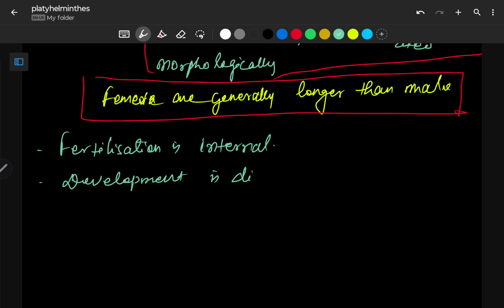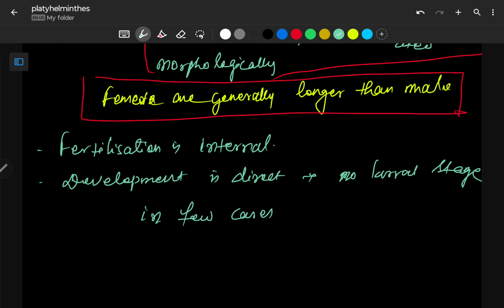Direct means what? No larval stage. So in its life cycle there is no larval stage, but in a few cases it is indirect, meaning the larval stage is there.